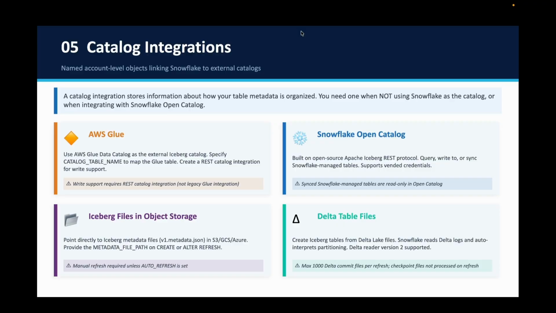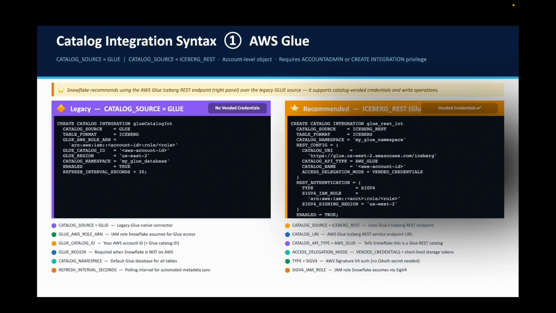Currently, Delta Reader version 2 is supported, but it is an ongoing release update, so you would expect the newer versions also to be supported. Max 1000 Delta commit files per refresh. Checkpoint files not processed on refresh. Let us see an example of each one of them.